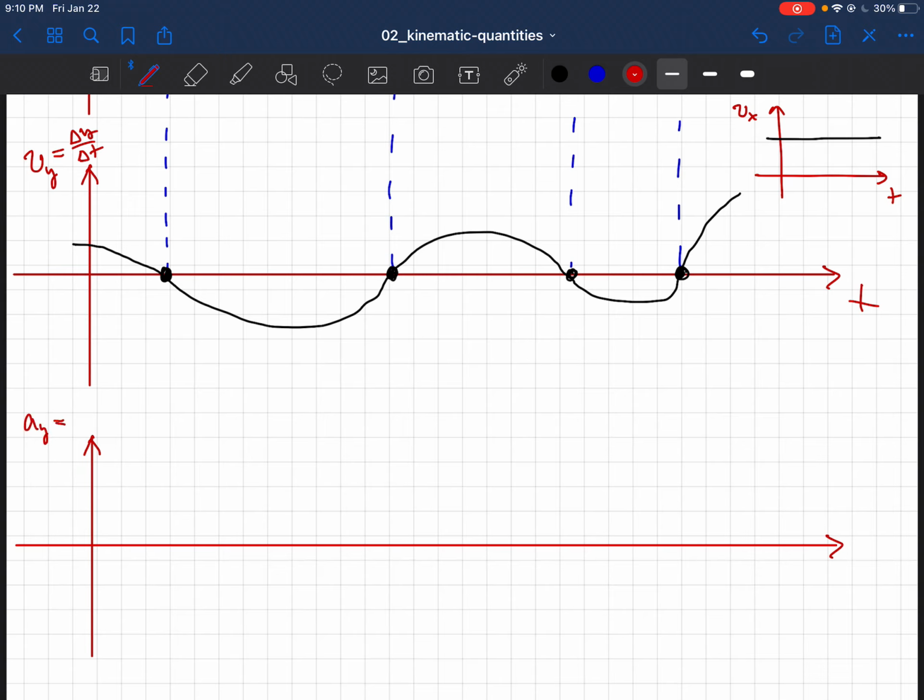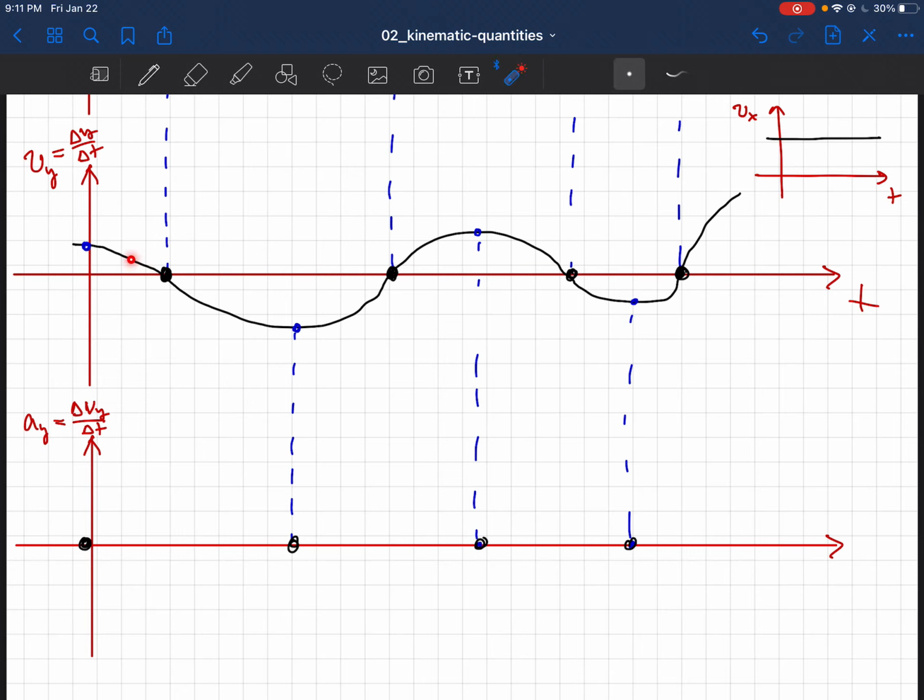Now last step, what is ay? So the acceleration is the change in the velocity graph over time, meaning it's the slope of the velocity graph. Well, we do exactly the same thing. We find the points where the velocity has a slope of 0, and we call those points of 0 acceleration. So I know that the acceleration goes to 0 at these points, maybe somewhere here.